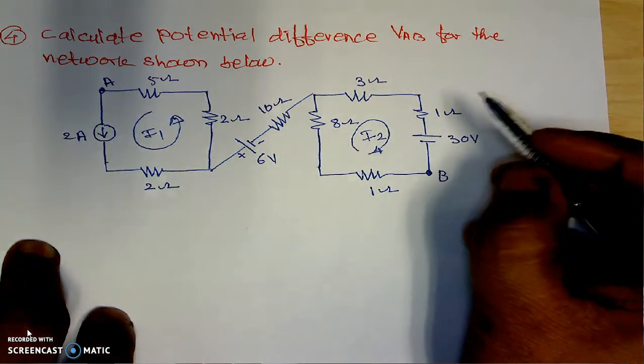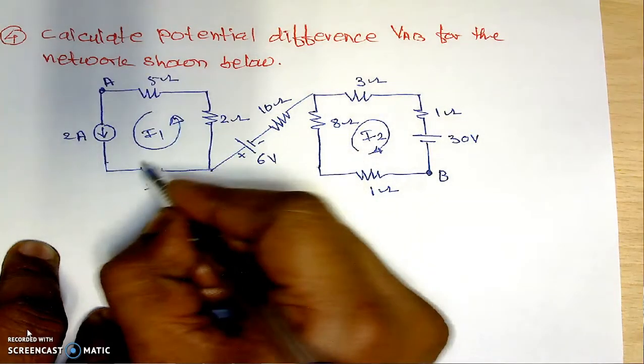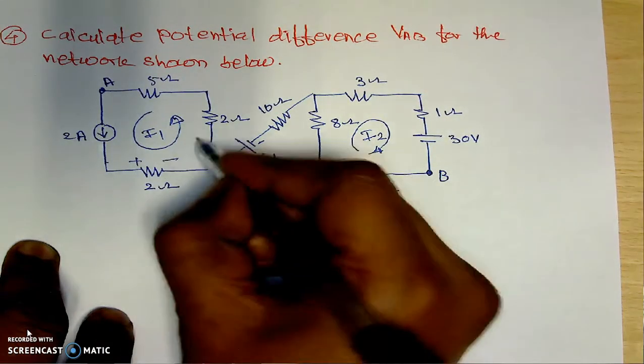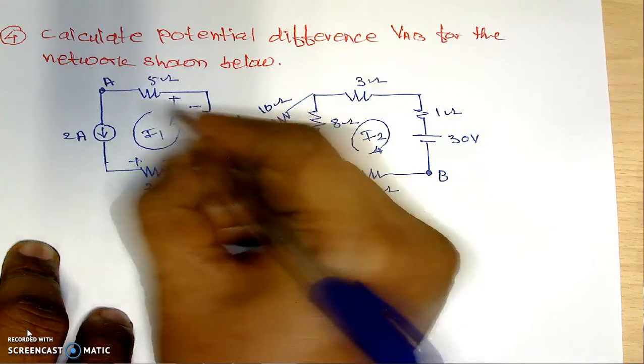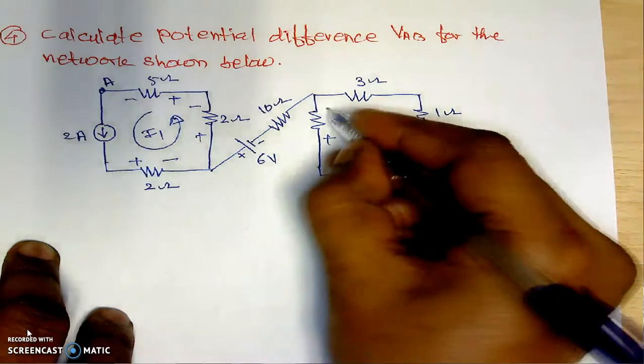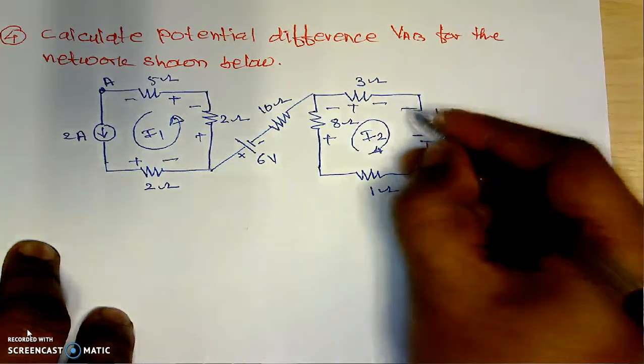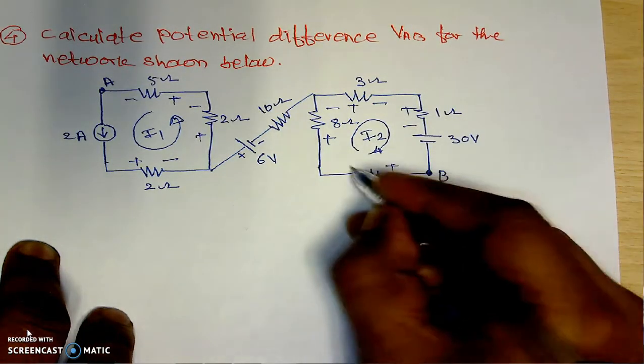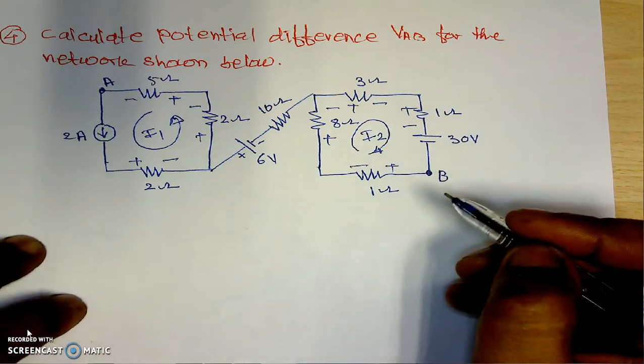Mark the polarities here. For this clockwise current, it will be plus, minus, this is plus and this is minus, this will be plus and minus, plus, minus again, and finally these are the polarities for the 1 ohm resistance.